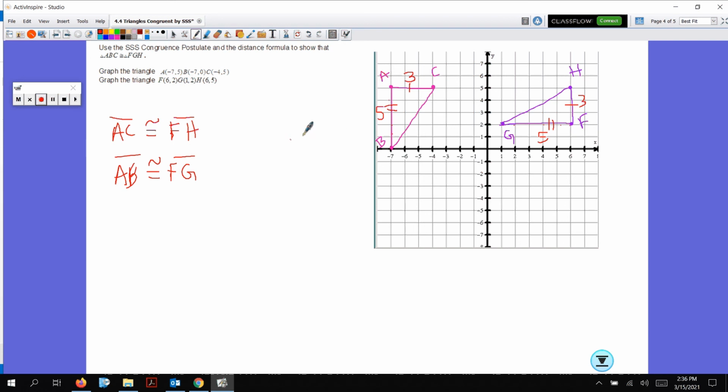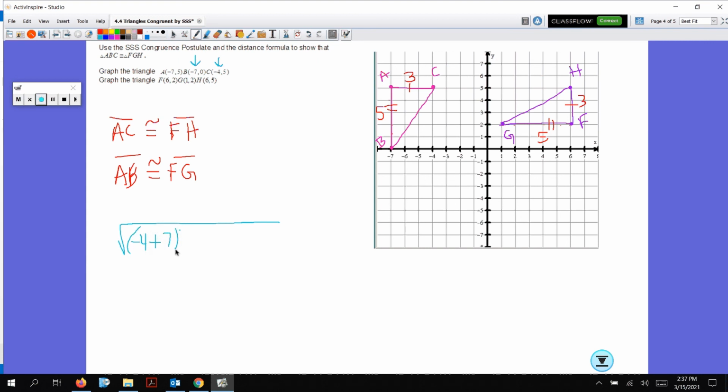Now that works for horizontal and vertical lines. What we don't know is the length of BC. We need to find that out. So we're going to use the distance formula for that. So I'm doing BC, so I'm using B and C for my points. Remember, we subtract our x's, so -4 minus -7 is +7.